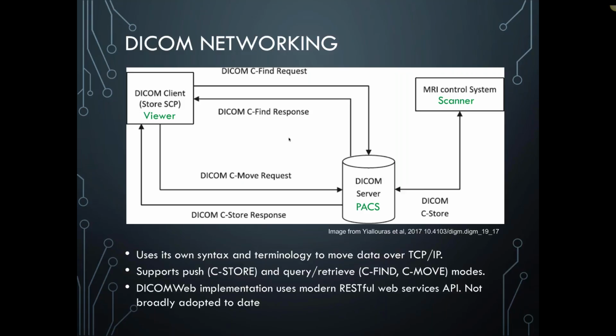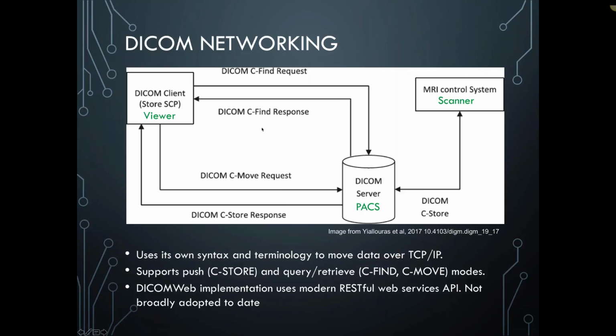The actual movement is done over TCP/IP using very specific DICOM protocols that have different names. One is C-store, which is kind of the most obvious of the ways of moving files, which just says take this data from a scanner and store it into some sort of storage device. So for example, the PACS, which as we mentioned before is the imaging database.